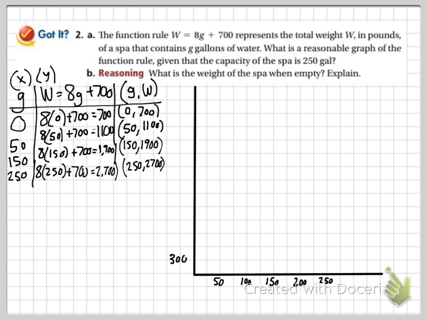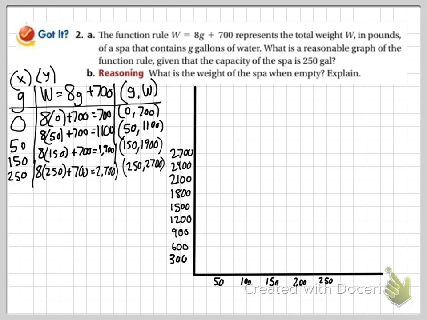So 300, 600, 900, 1,200, 1,500, 1,800, 2,100, 2,400, 2,700. Oh, I had plenty of room. Probably could have gone up with 200s maybe. But, and then I'll plot my points.